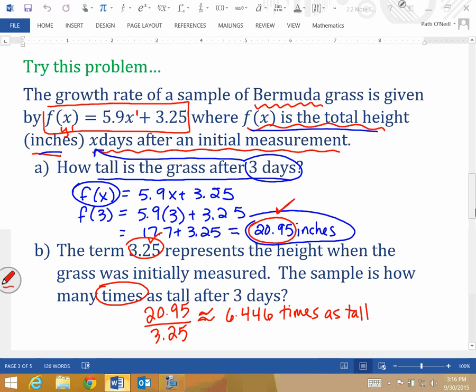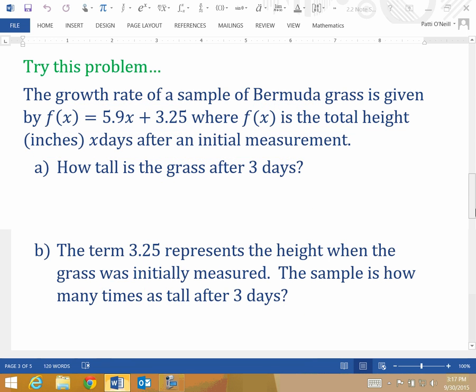So that tells us that it grew 6.4 times in 3 days, which, again, like I said, is a pretty fast rate of change over a short period of time. Think about this. Let me know again if it doesn't make any sense to you and we need to go through something in class. Write that down as a question if you have it in your notebook.